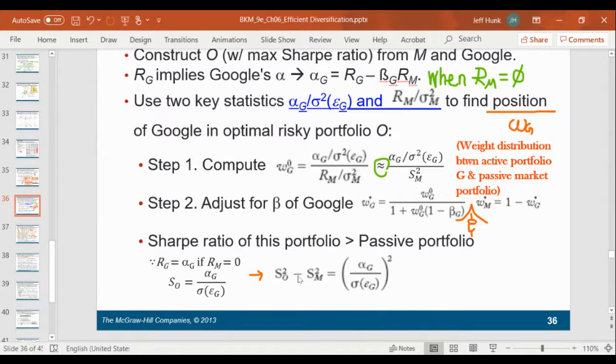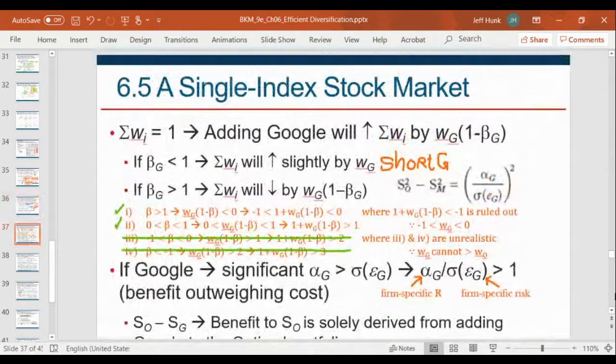Now, of course, we can delve more into this weight scheme, because there are four possible ranges of beta values.